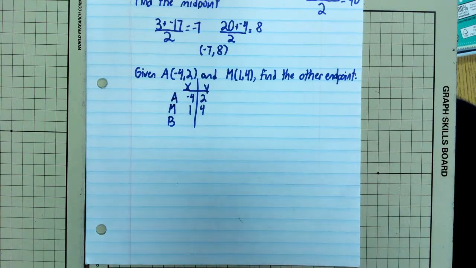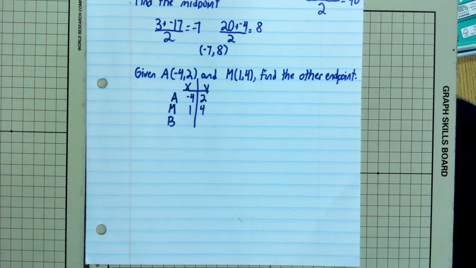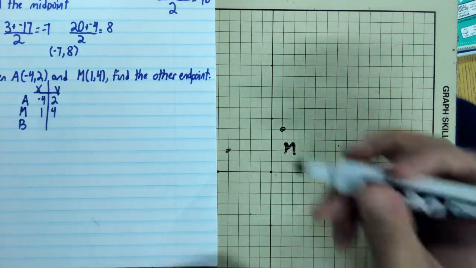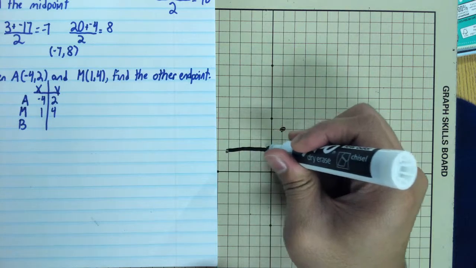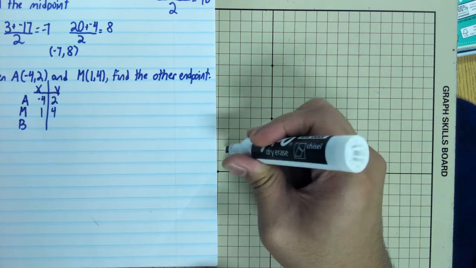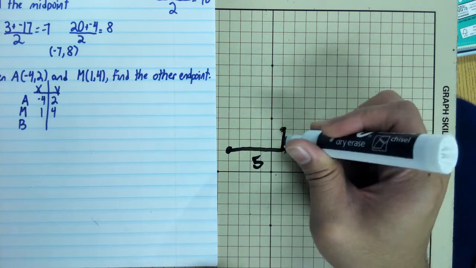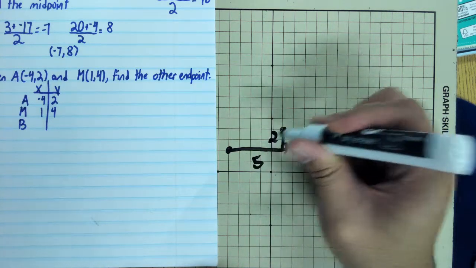Okay? To find B, let me relate that back to the graph. What we did previously is we count how far did I move to the right, how far did I move up. I move 1, 2, 3, 4, 5 to the right, and I move 1, 2 up.